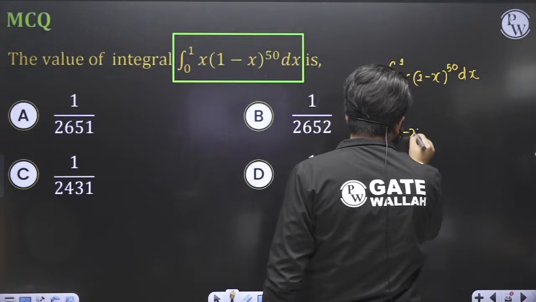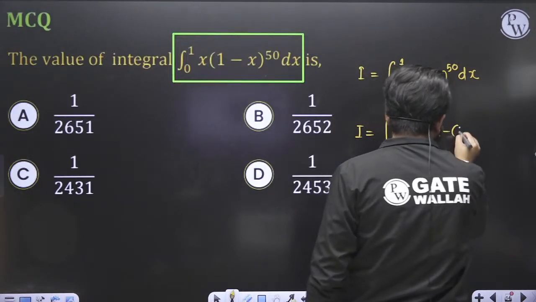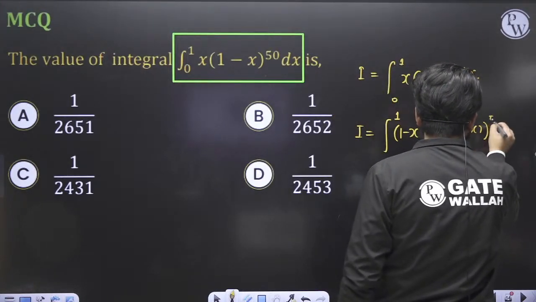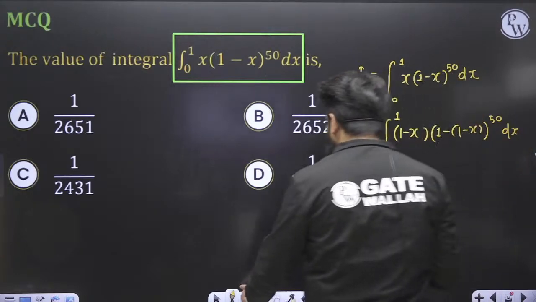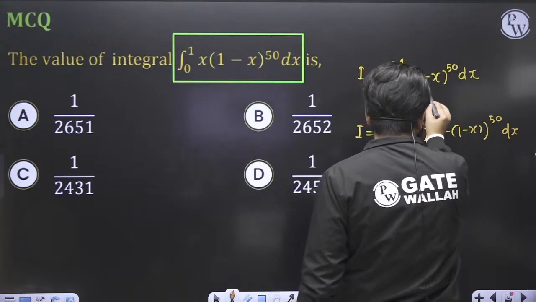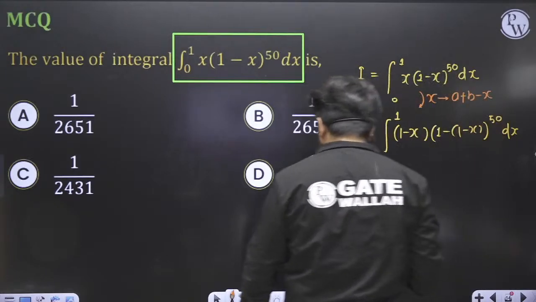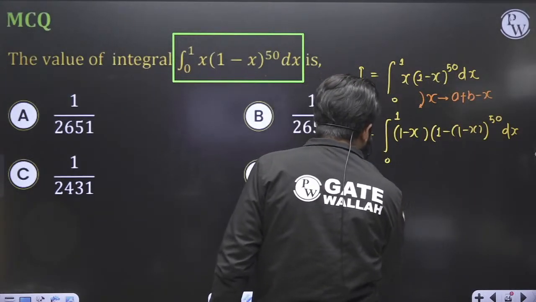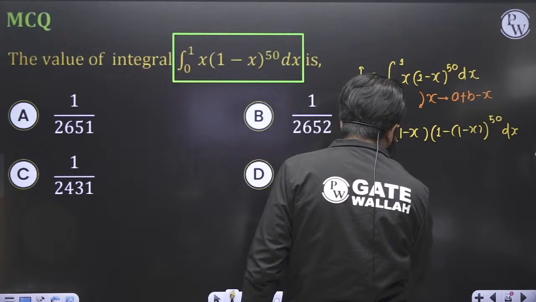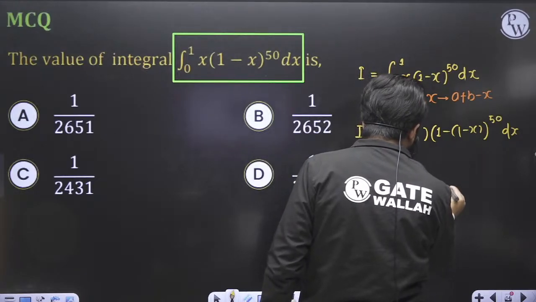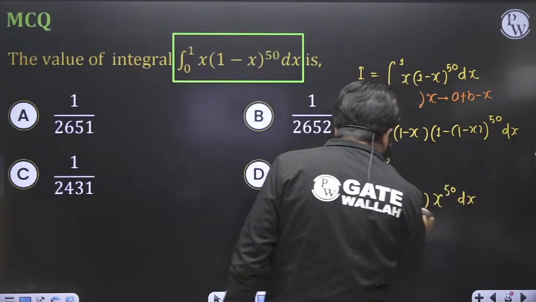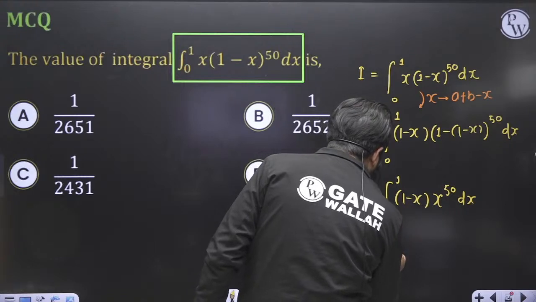So this becomes 1 minus x, and this becomes (1 - x) raised to 50, dx. So I can replace every x by a plus b minus x, and obviously we can expect the result to be the same. So the value becomes the integral from 0 to 1 of (1 - x) x^50. Now you can simply multiply x^50 inside it.